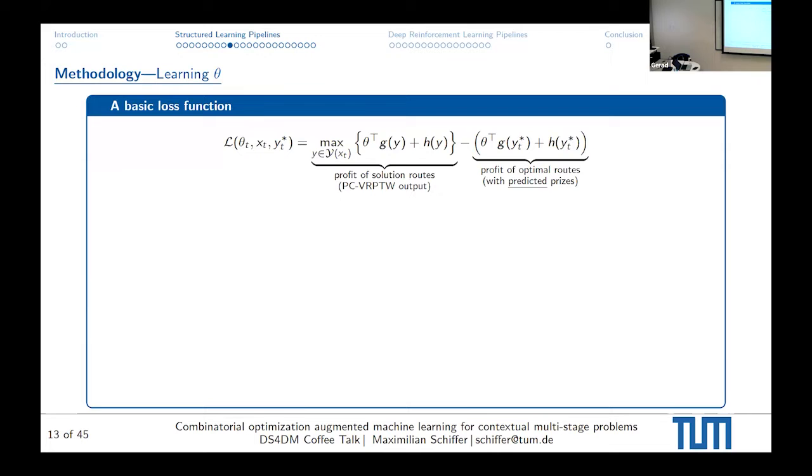So this is where we face a structured learning problem, right? The loss function that I would like to use in this setting, since I'm aiming to imitate anticipative policies, is that I want to get the structure of the solution that I get when I solve the online sliced instances as close as possible to the structure of the full information offline solution from the past, right?